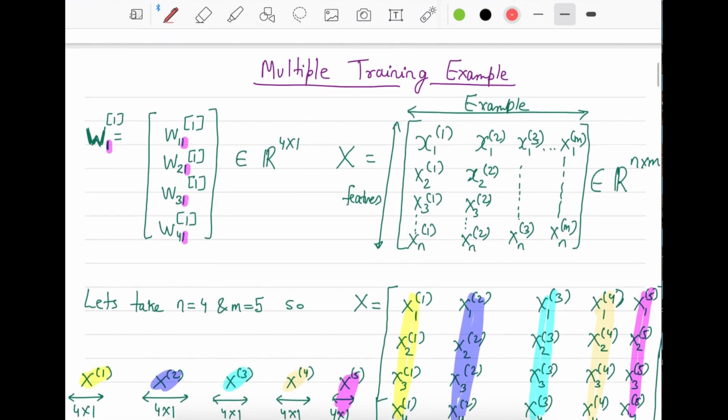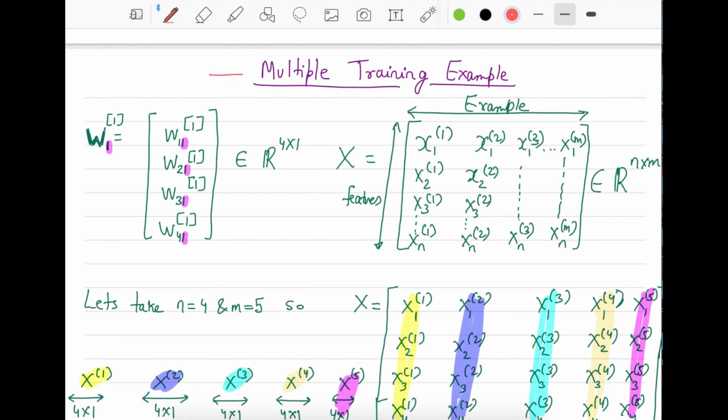Okay. So in multiple training examples, we have this matrix where the rows represent the features, which are n. So we have n features here, and the columns represent the examples, which are m. So this is basically a generalized expression where we have n rows as features and m examples.